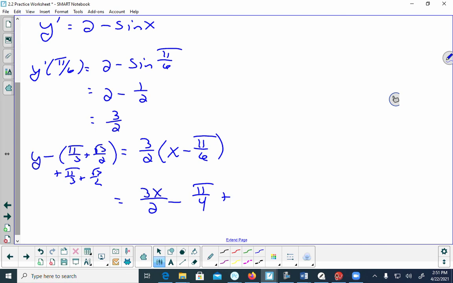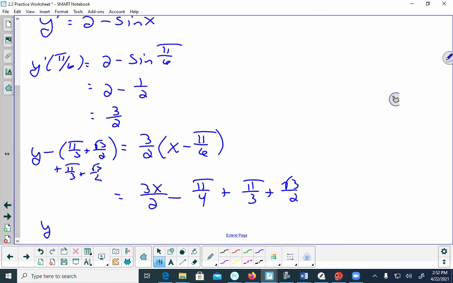And when I do that, I get y is equal to 3 halves x, and then negative pi over 4 plus pi over 3 will be a positive pi over 12 plus the square root of 3 over 2. It's not pretty, but it is the equation of the tangent line.